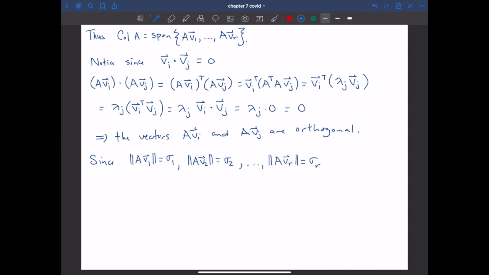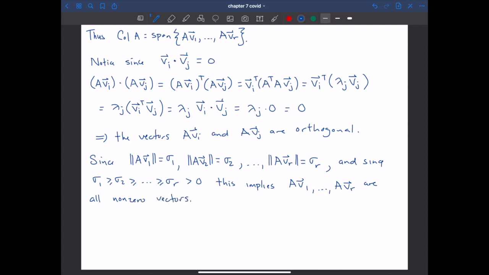Since the length of each of these vectors is equal to a singular value, and since sigma 1 is greater than or equal to sigma 2, and so on all the way up to sigma r, and all of these are greater than 0, this implies that AV1 all the way up to AVr are all non-zero vectors.